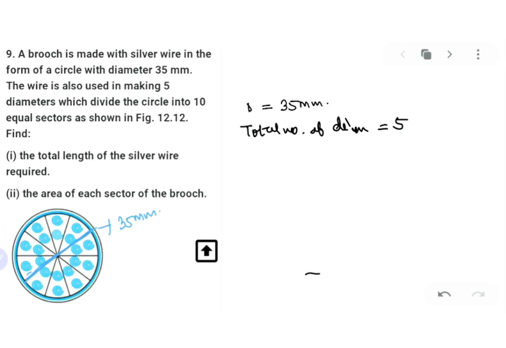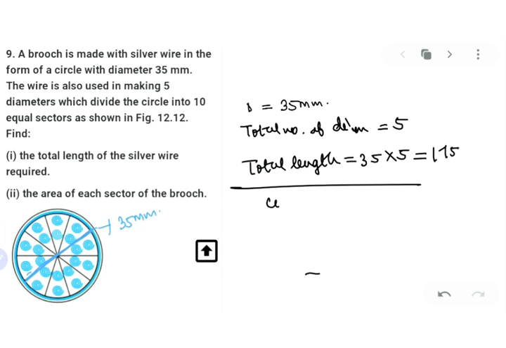So the total length of 5 diameters will be 35 into 5. Am I correct with this? That is 175.